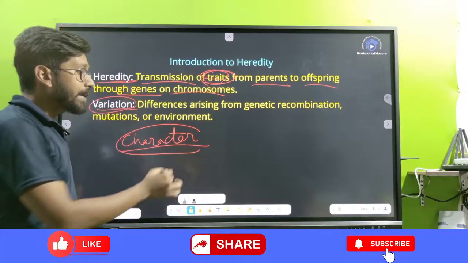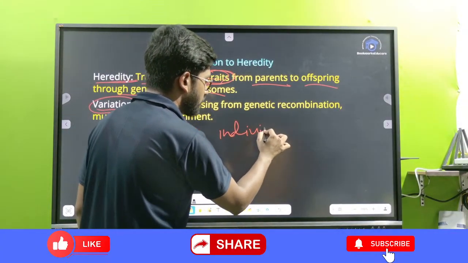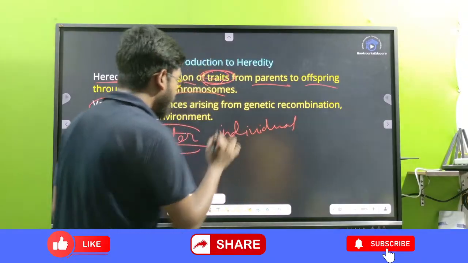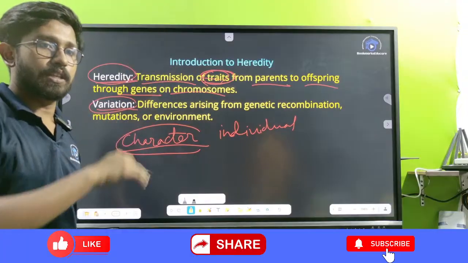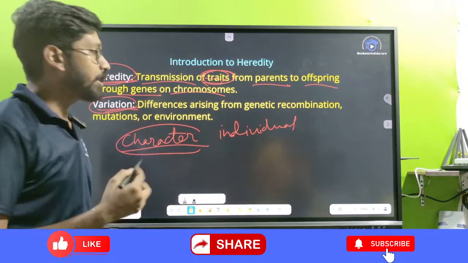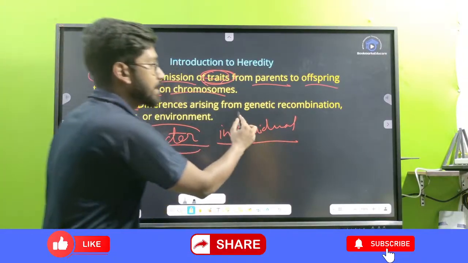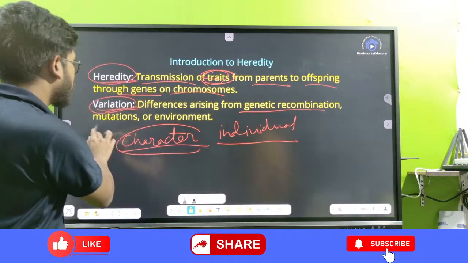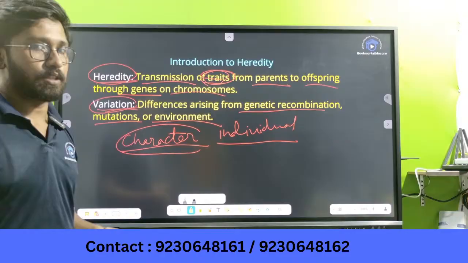Variation occurs in the individual. As in the case of heredity, you are getting it from your previous generation. But for variation, you are getting it in yourself, by various processes like genetic recombination, mutation, or in some cases environmental factors as well.